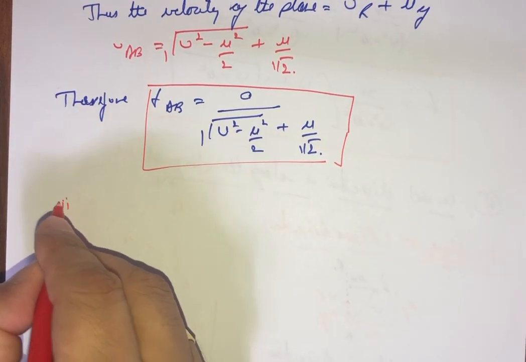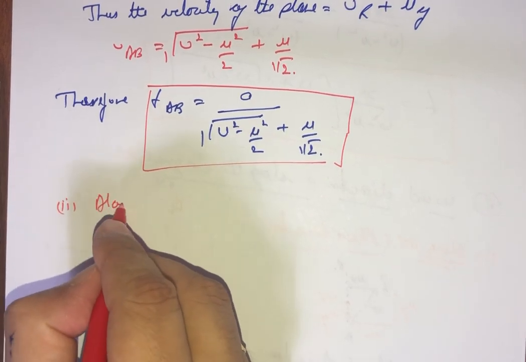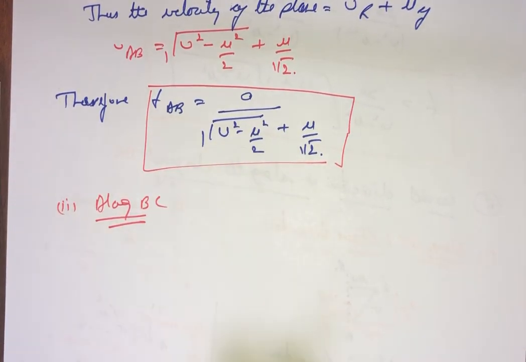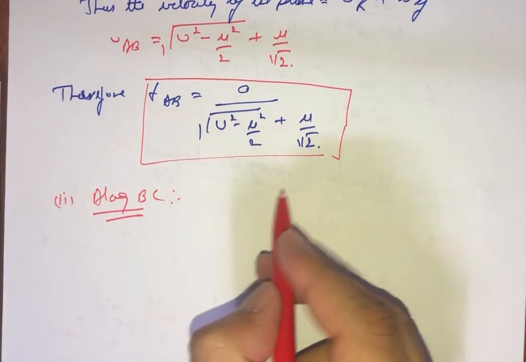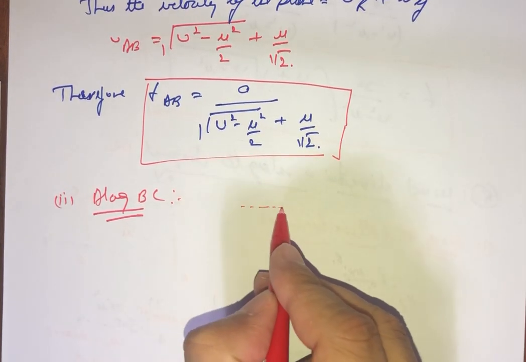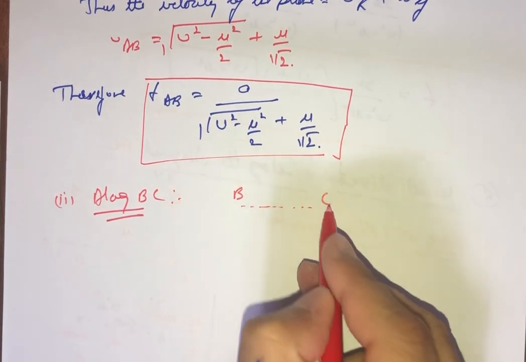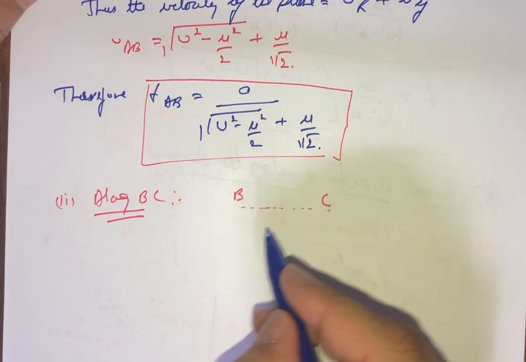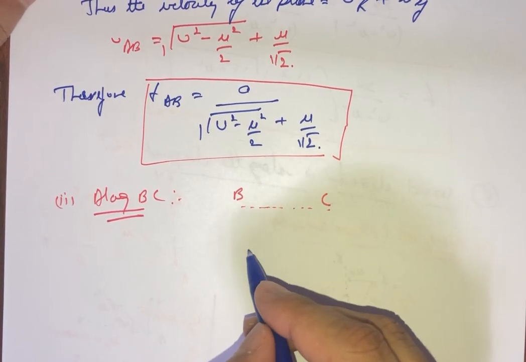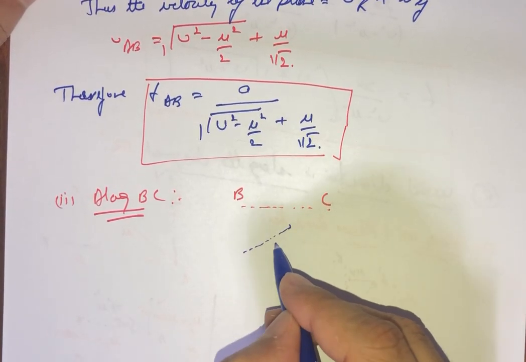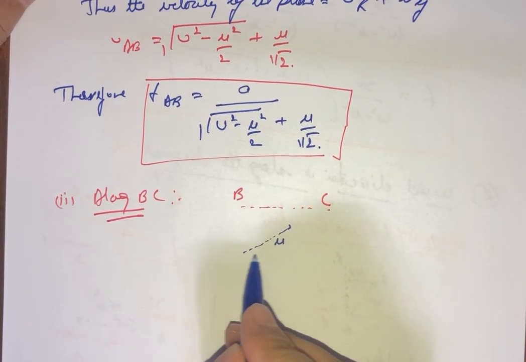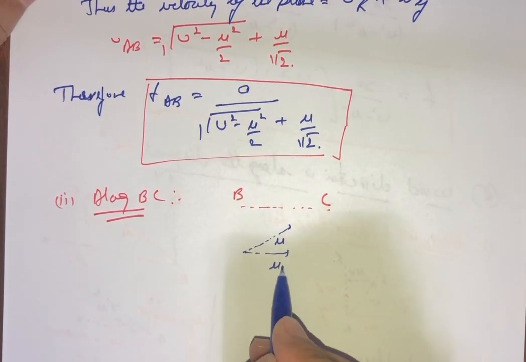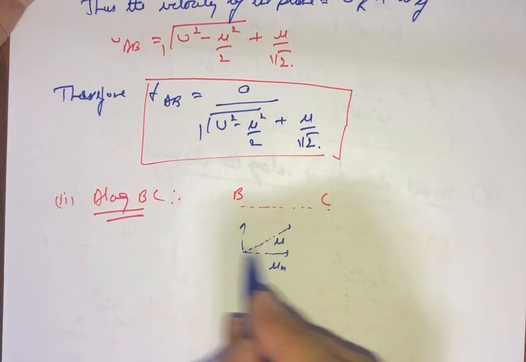Second case, along BC. Okay, so what we want now is that the plane should be flying in the BC direction, and once again there will be two components of velocity. The actual wind direction is given in this direction, that is U. So it is going to have two components, Ux and Uy.